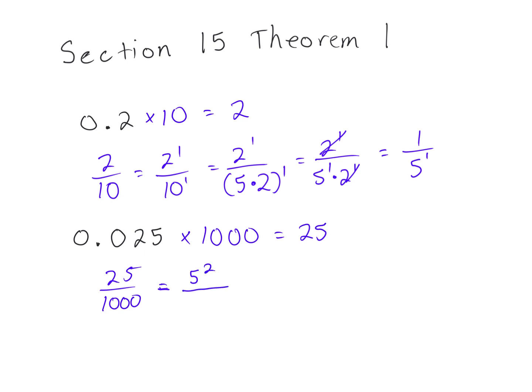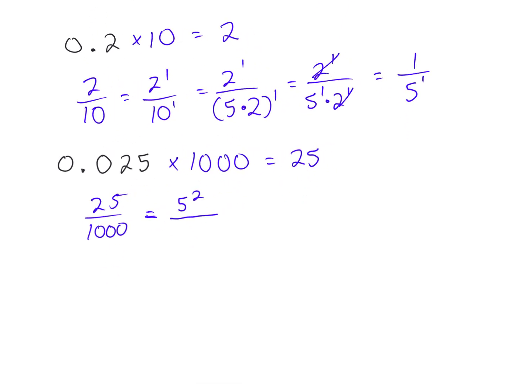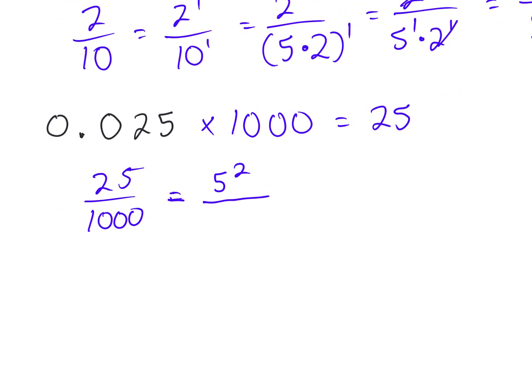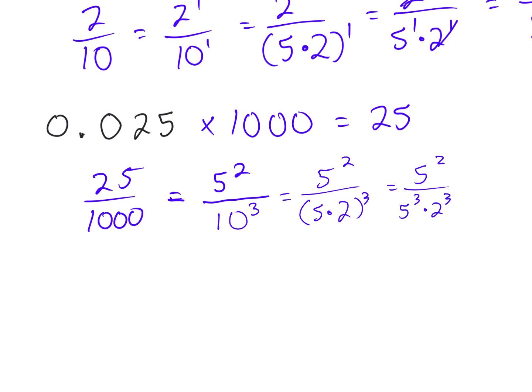1,000 can be written as 10 to the third power, and that can also then be rewritten as 5 times 2 to the third power, which is also equivalent. If we distribute the 3, then that is 5 to the third times 2 to the third.